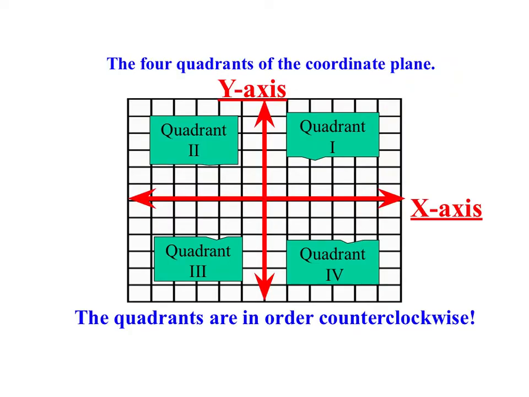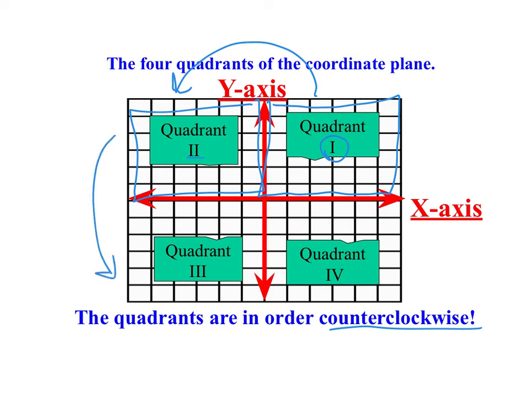So now we can look and see how this coordinate plane is broken down, and we can break it down into 4 quadrants or 4 sections. The first one is everything in this area right here. That's quadrant number 1. And notice it's written with a Roman numeral. Now we go counterclockwise, which means backwards of how a clock goes. So we are going in this direction, and anything in this area is quadrant 2, again shown with Roman numerals.